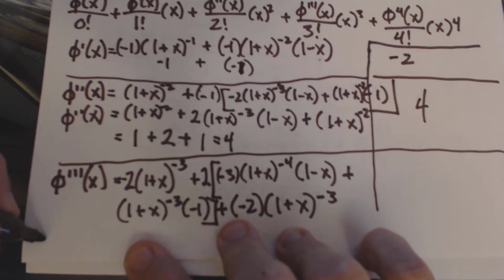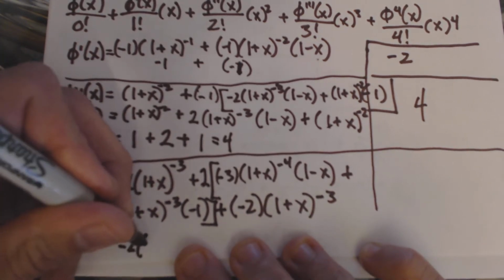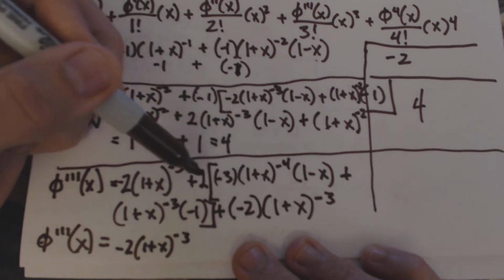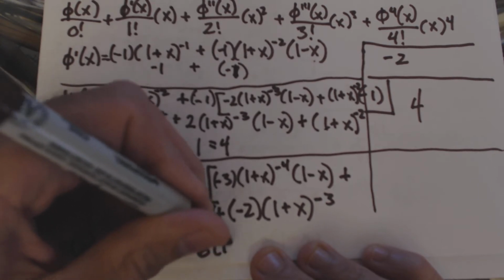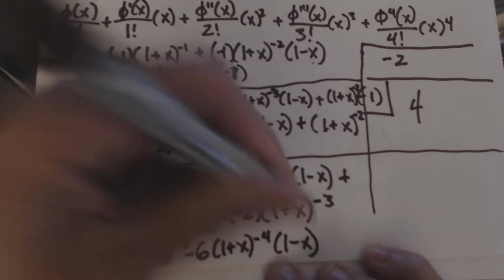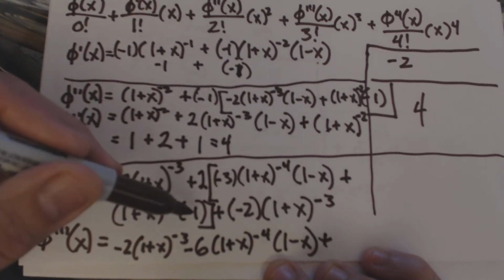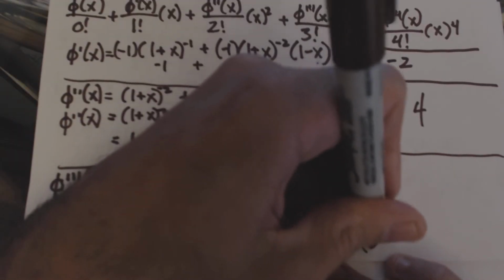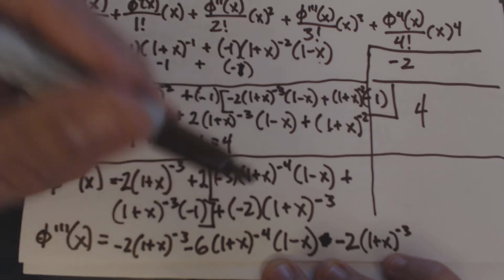Alright, so what we have left is negative 2 times 1 plus x raised to the negative 3 power, this first term here, I'm just simplifying now, plus, so we have negative 3 times 2, so that's negative 6, so that's negative 6 times 1 plus x raised to the negative 4th power times 1 minus x, so I've just simplified this term here, plus 2 times negative 1, so that's going to be minus 2, times 1 plus x raised to the negative 3 power, plus this final term, which is actually a negative 2, has a negative 2 out front, so it'll be negative 2 times 1 plus x raised to the negative 3 power.